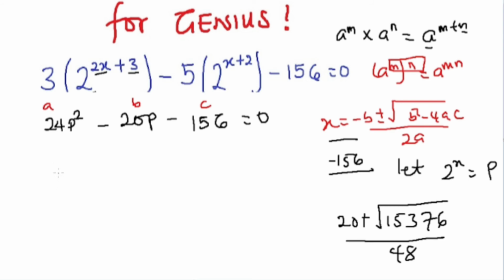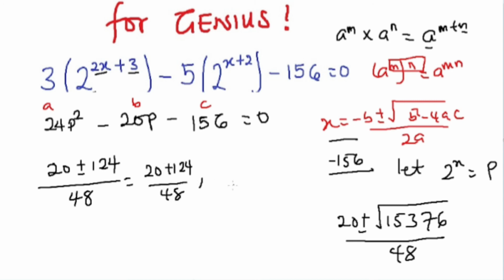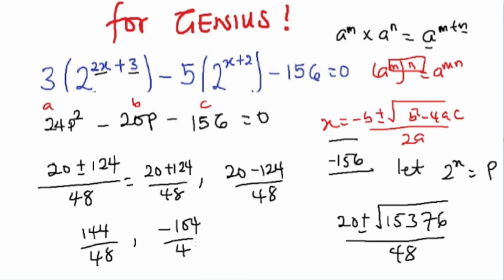Okay, so to find the square root of that quickly, the square root of 15376 is 124. So I'll have 20 plus or minus 124 over 48, and this will be 20 plus 124 over 48, or 20 minus 124 over 48. Okay, then this is 144 over 48, and this is minus 104 over 48.